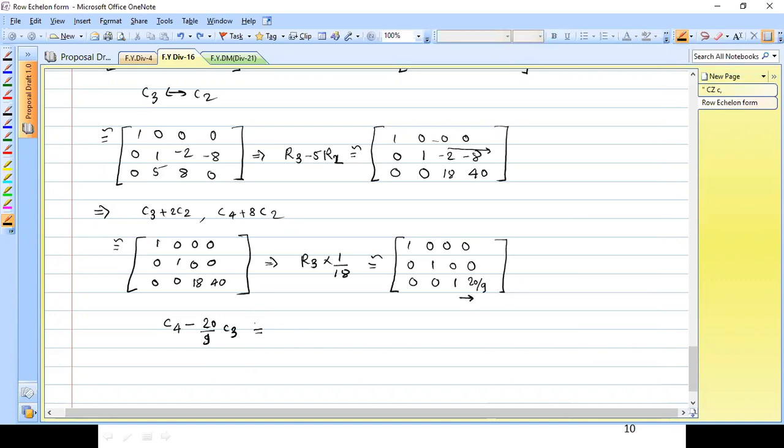What do you get after doing this? 1, 0, 0, 0, 1, 0, and this is 0, 0, 1. Now if I apply C4 minus C3, the 0, 0, 0, 0 remain as they are. The C4 value is 20 divided by 9 minus 1 times 20 divided by 9, so 20 divided by 9 minus 20 divided by 9 gives 0.